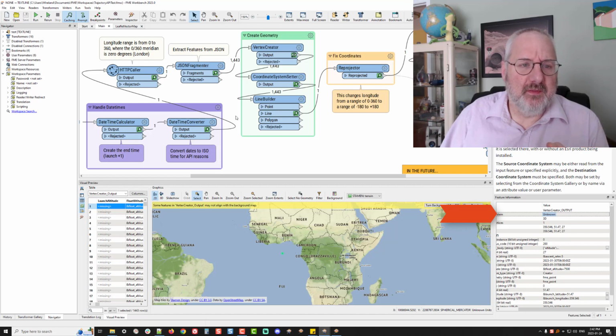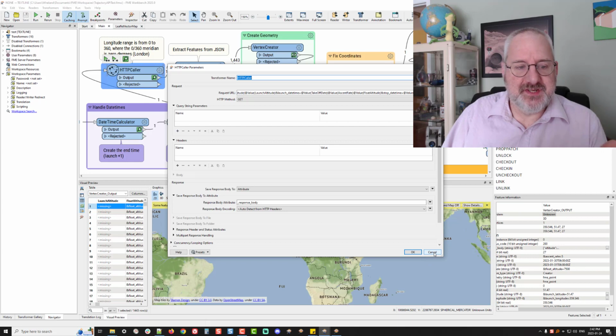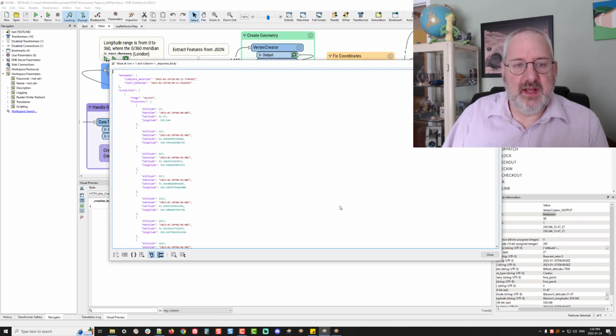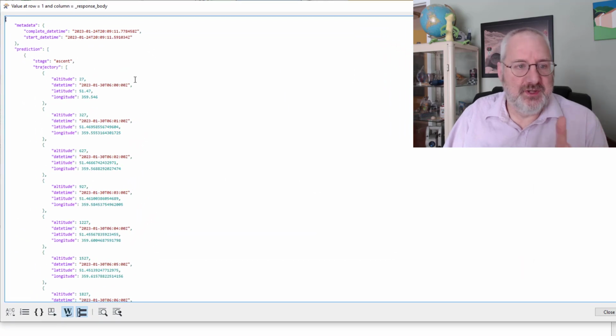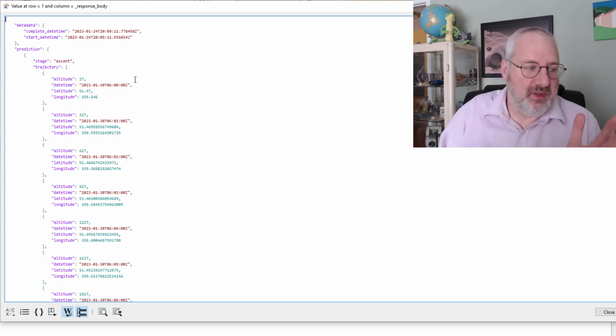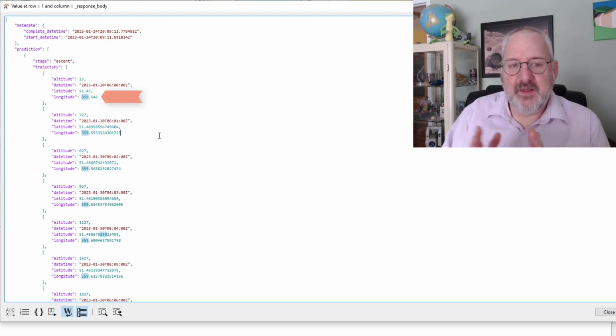Now, why is that? Well, the HTTP caller returned information from this API, but the information didn't include anything related to the coordinate system. We don't know that. In most cases, we'd say, well, LL84 is our basic, and it's probably the same, except when you look at the longitude here, 359.546, 359.555, that is not your usual range of longitude.